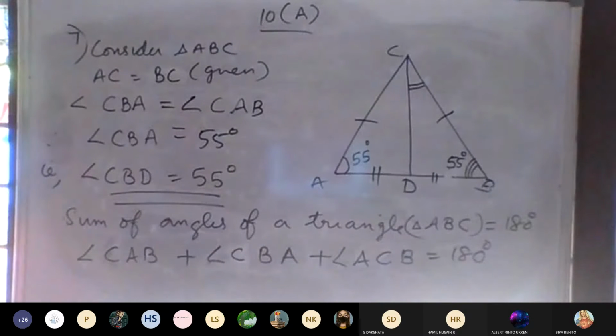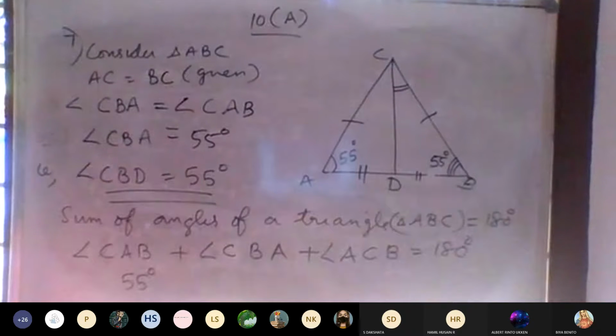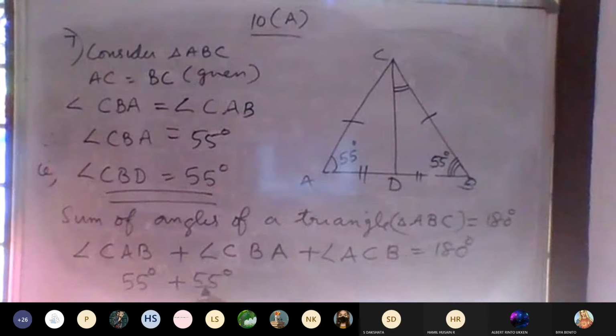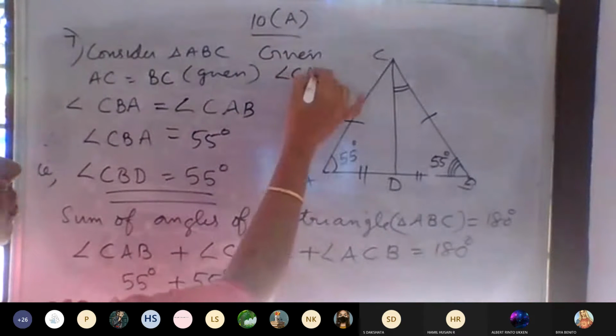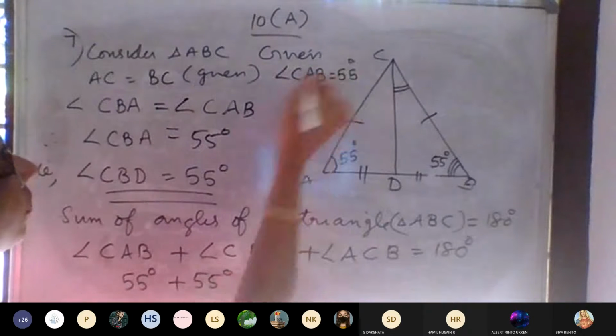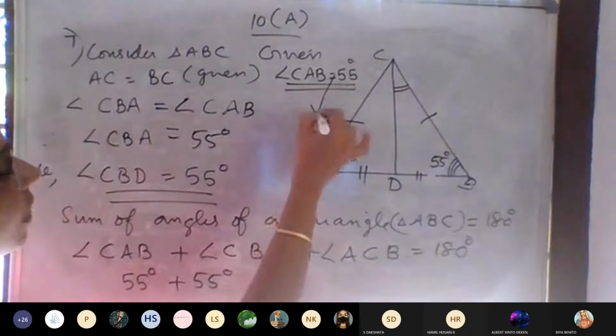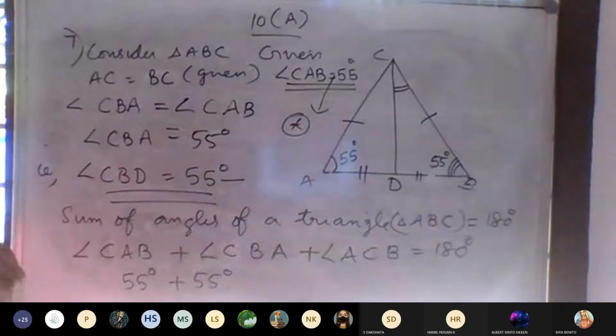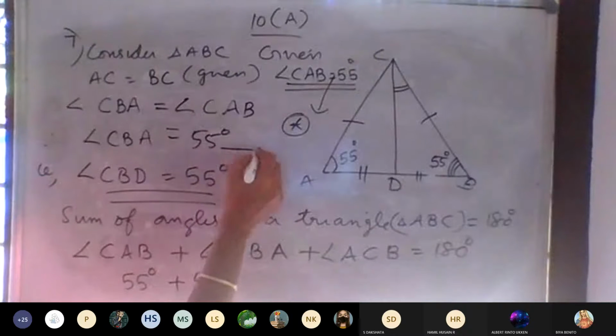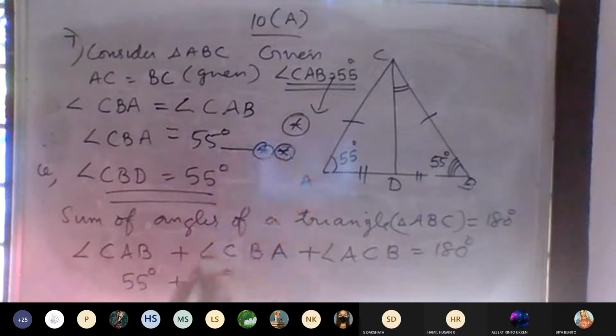Substitute the values. Angle A is 55 degrees, plus again 55 degrees. Here you write given angle CAB is equal to 55 degrees. Mark it as star, and CBA also, mark it as 2 star.